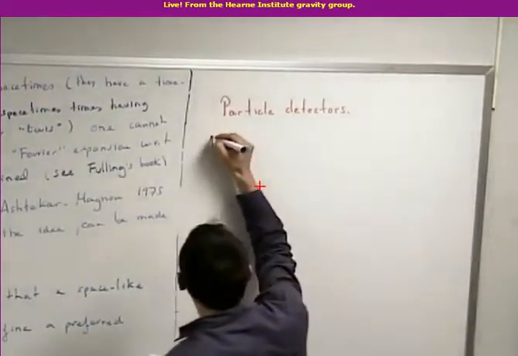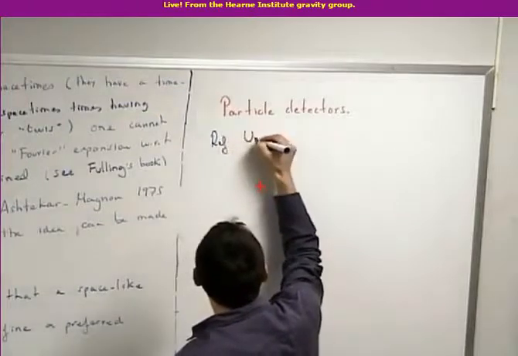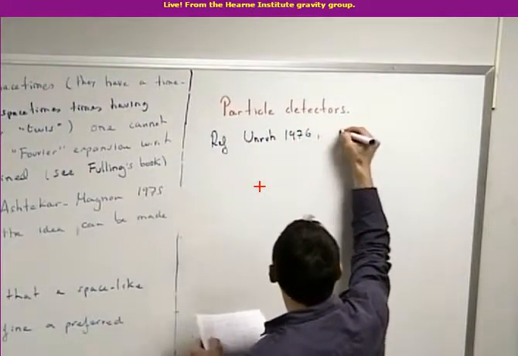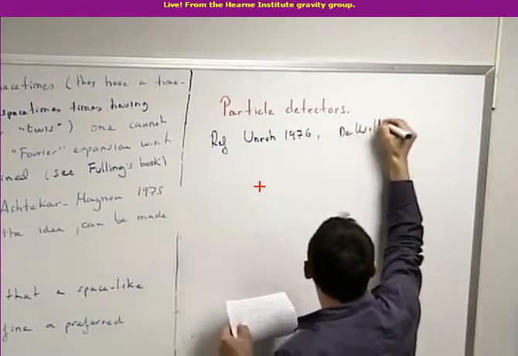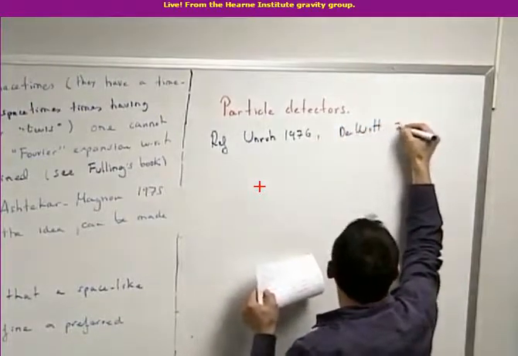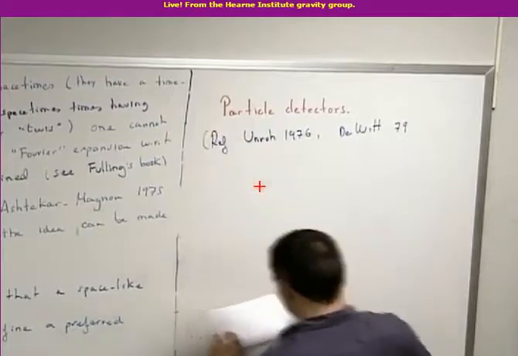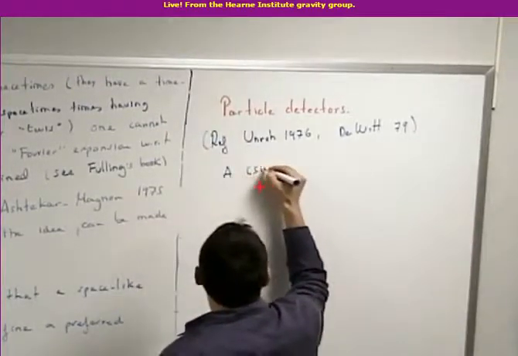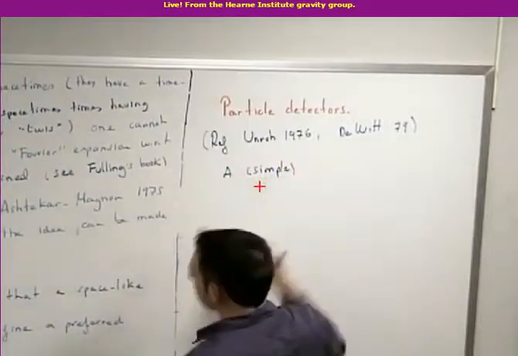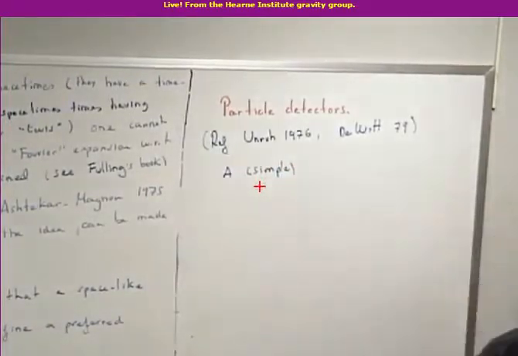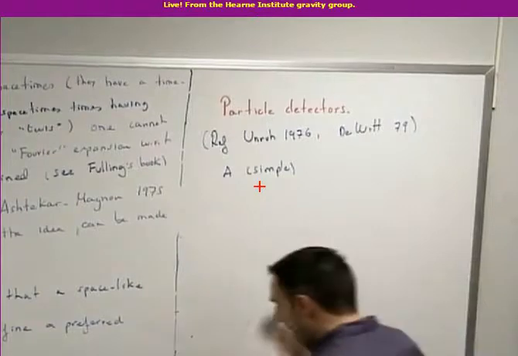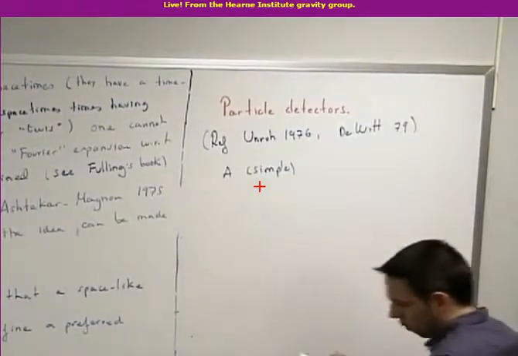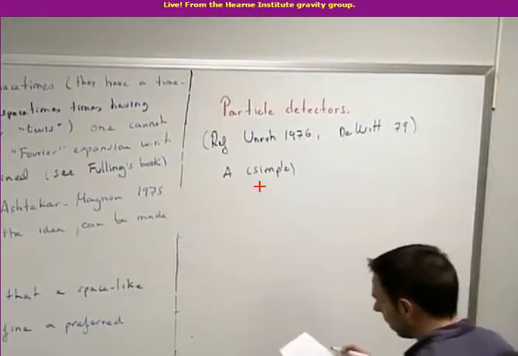The classical references for that are Unruh in 1976 and DeWitt in 1979. I will restrict myself to the simplest particle detector. You can make it more complicated if you want, but this is enough.